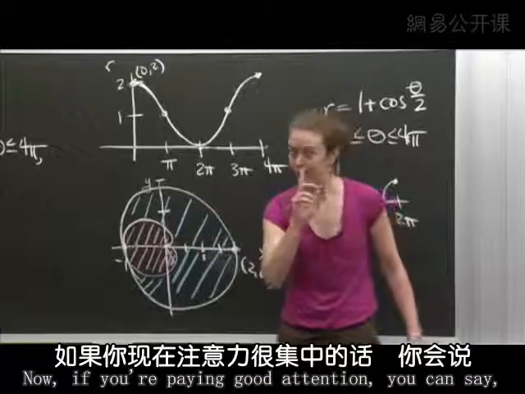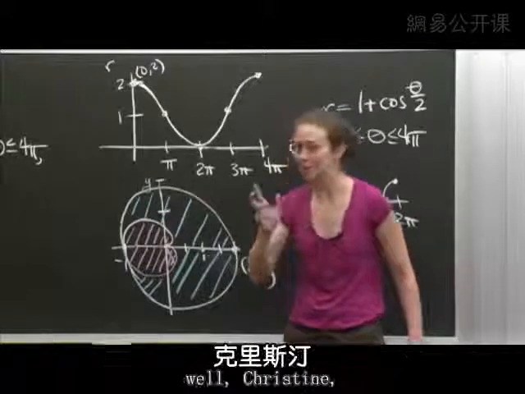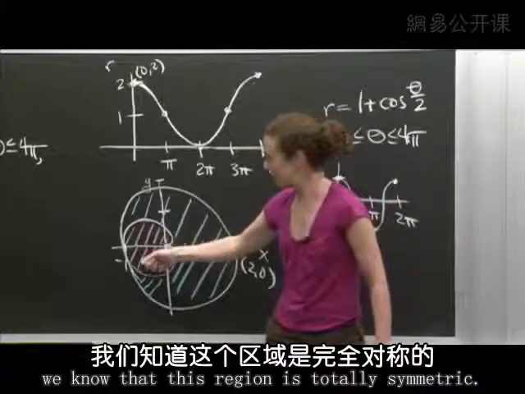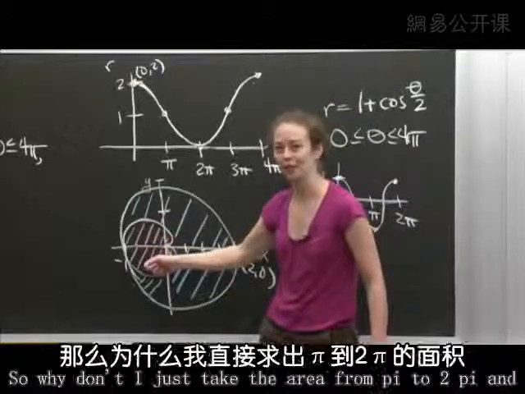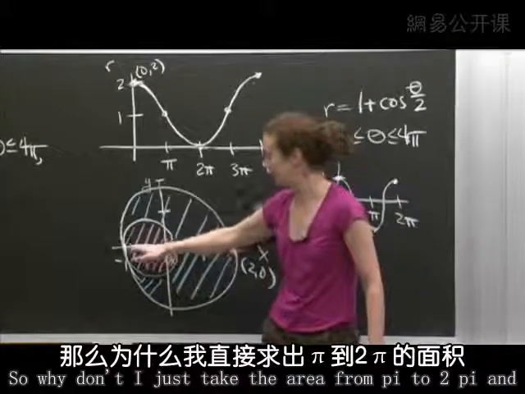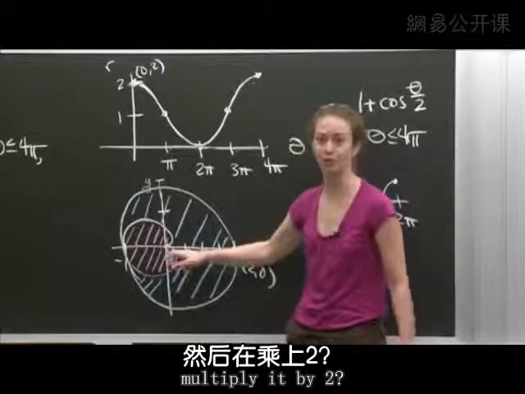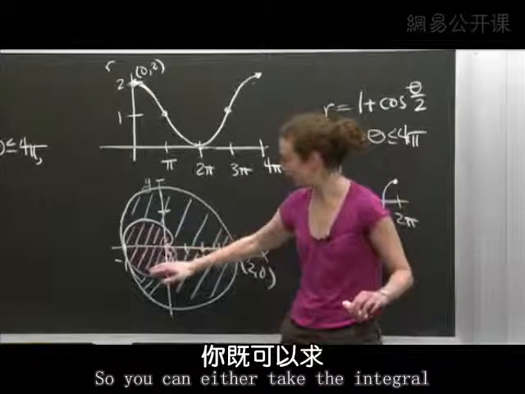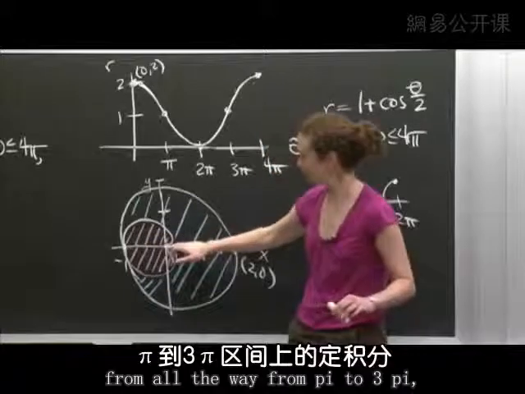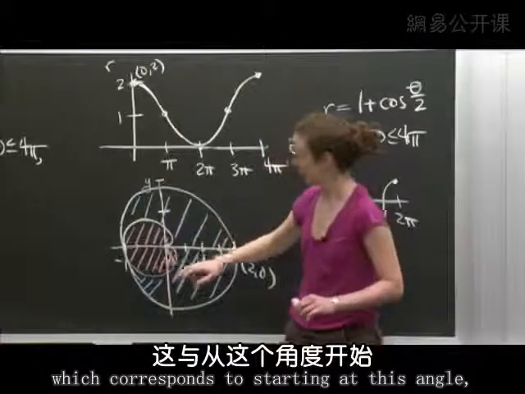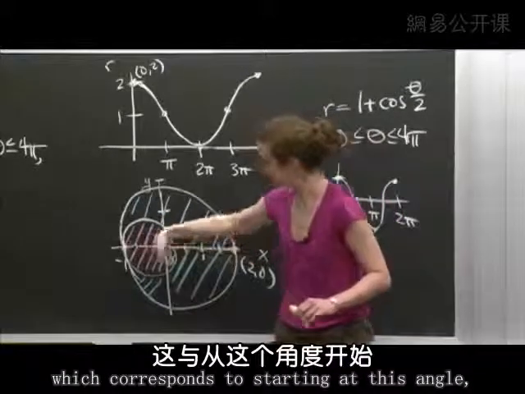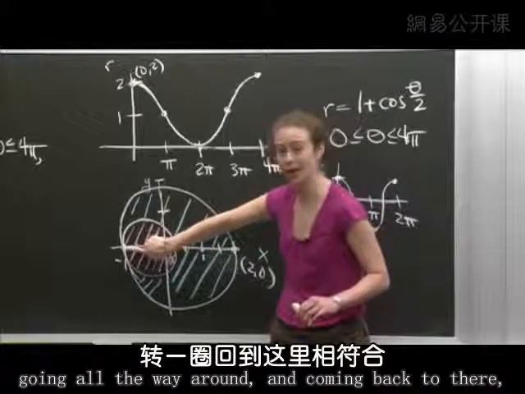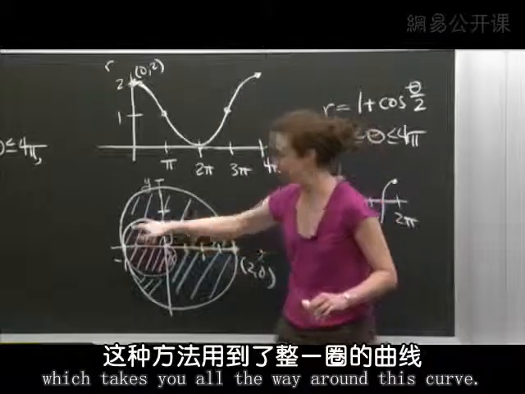Now, if you're paying good attention, you can say, well, Christine, we know that this region is totally symmetric. So why don't I just take the area from pi to 2 pi and multiply by 2? And you can. You can do it either way. So you can either take the integral all the way from pi to 3 pi, which corresponds to starting at this angle, going all the way around and coming back to there, which takes you all the way around this curve.